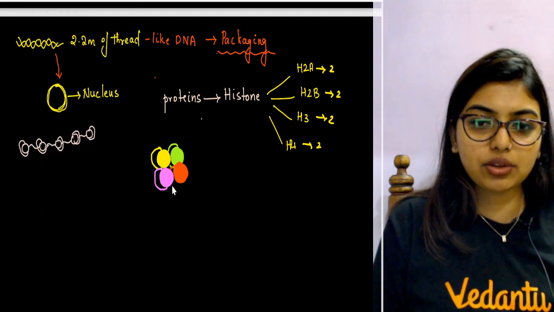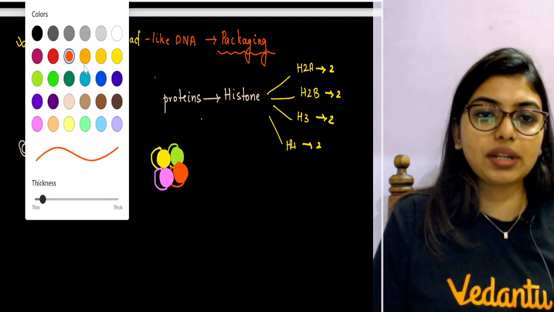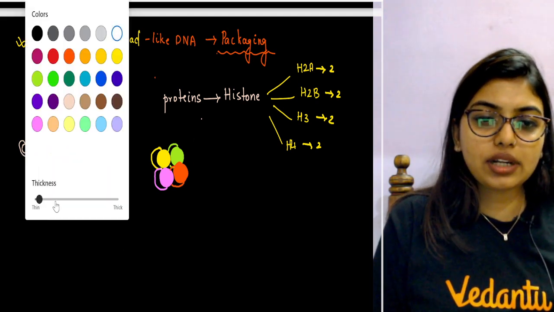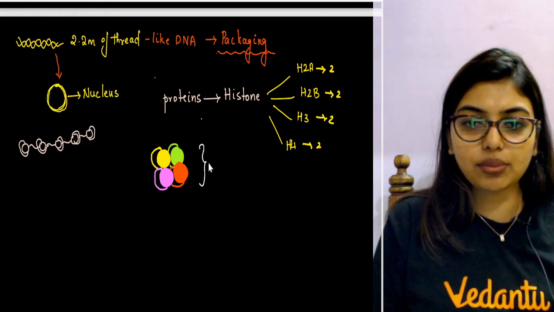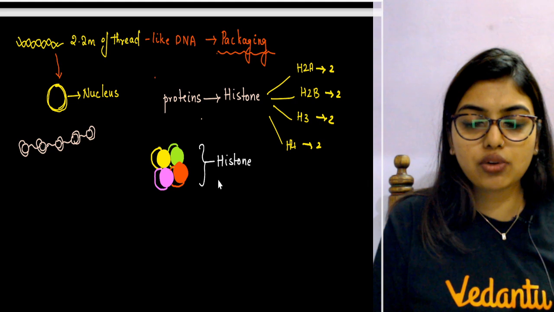So students, now you can see there are four. These, together with the back ones, I'm going to call a histone octamer.